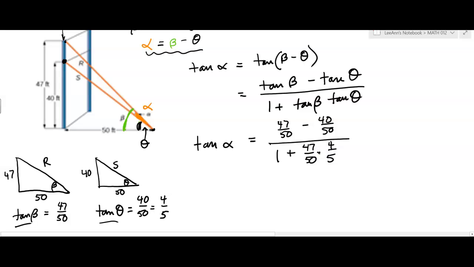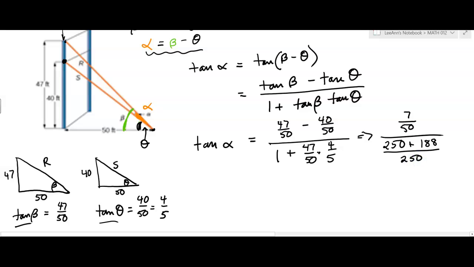Hopefully that makes sense, plugging all those numbers in. In the numerator, I'm getting 7 over 50. In the denominator, it's going to be 250 plus 4 times 47, which is 188, over 250, since 5 times 50 is 250.